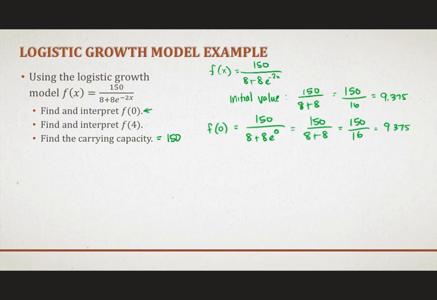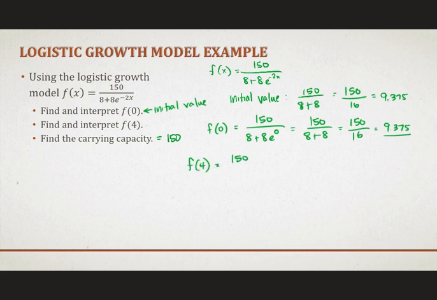So f of 0 is 9.375, and that is also our initial value. When you're looking for the initial value, you're looking for the y-intercept, and you're essentially plugging in x equals 0 exactly the same way we did at the very beginning of class.